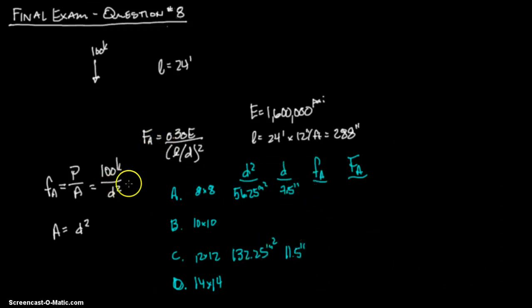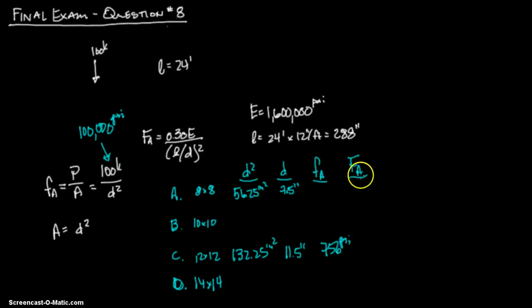Let's do this first. 100 divided by 132.25 equals 0.76. Let's go ahead and change it to PSI. Let's say this is 100,000 PSI. So that's 0.76 KSI, which is 756 PSI, the actual.